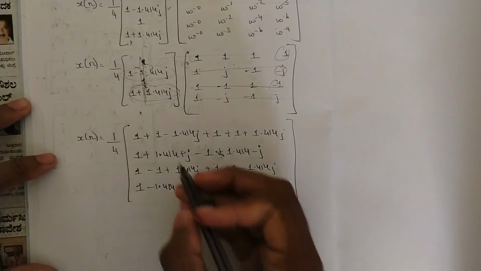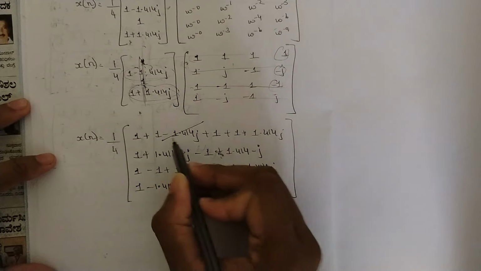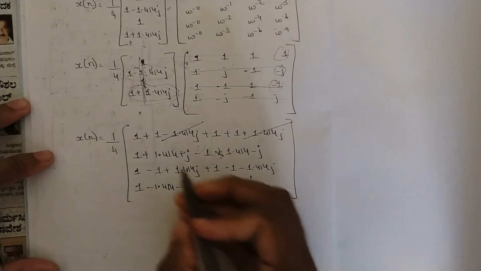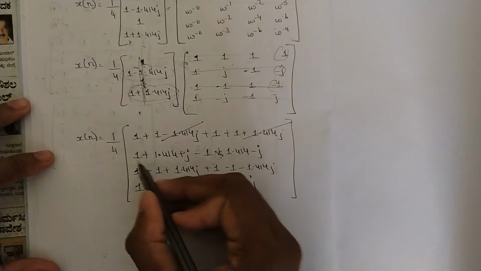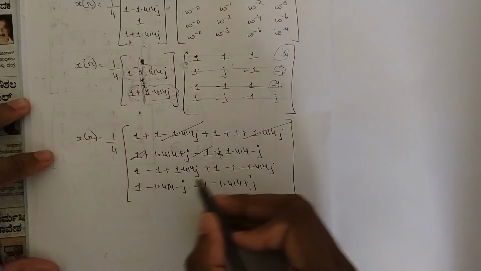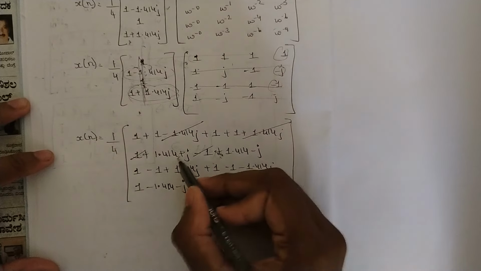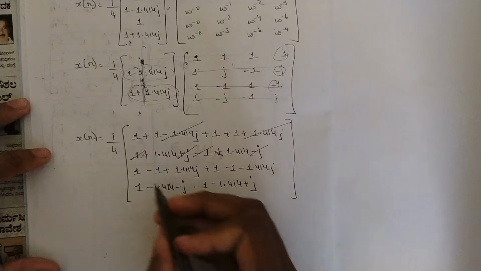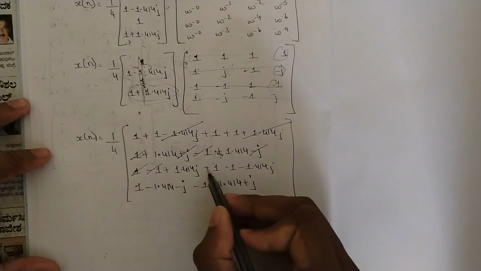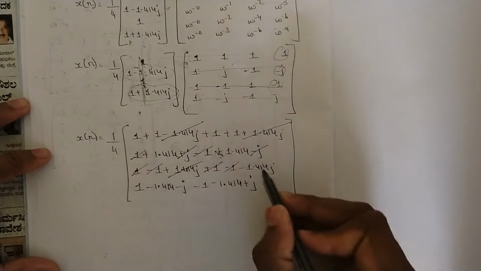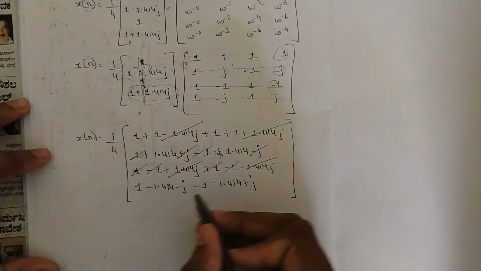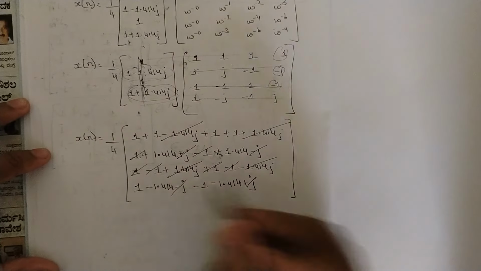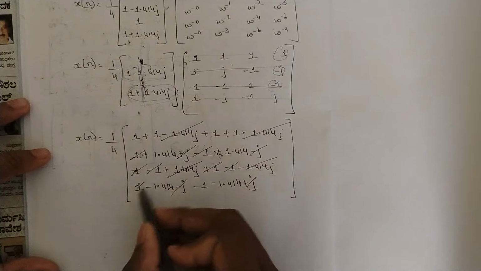So we can see that minus 1.414j plus 1.414j gets cancelled. So here also 1 and minus 1, then we have plus j minus j would be cancelled, 1 minus 1 would be cancelled, all of them would be cancelled. So here we can cancel plus j minus j, 1 minus 1.